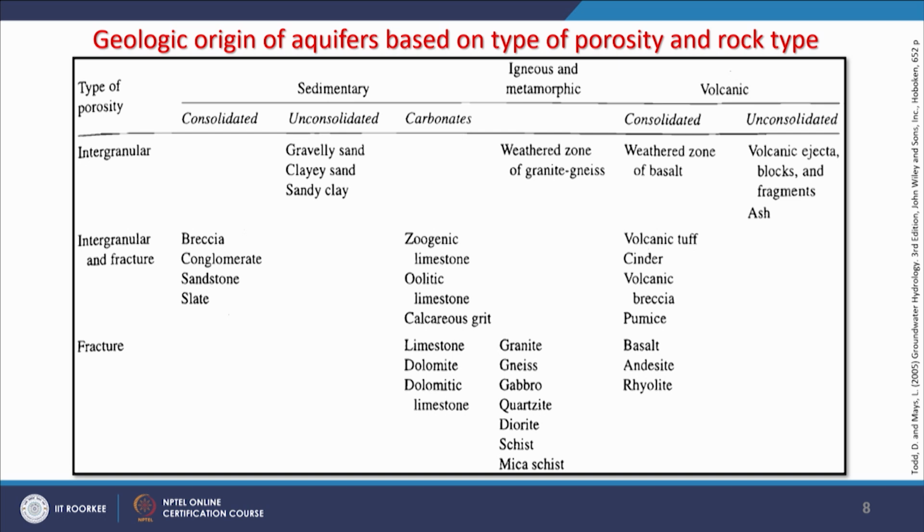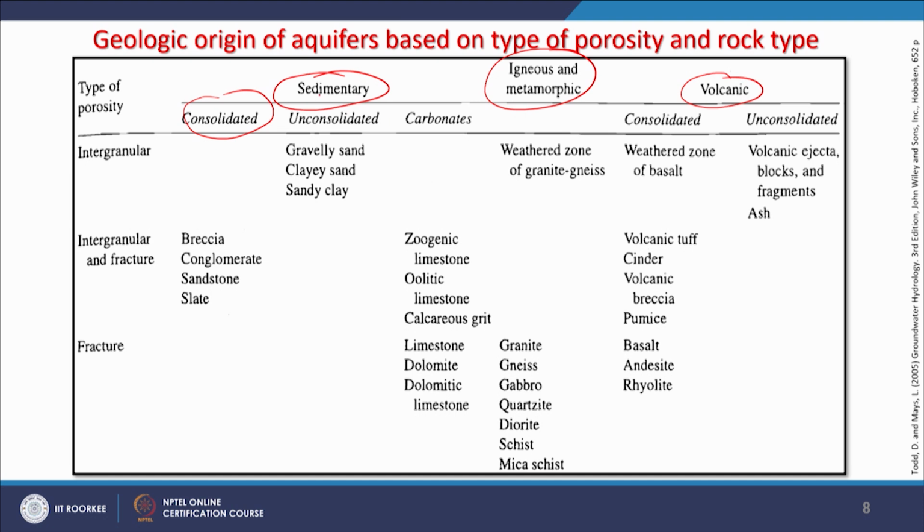So, now based on the geologic origin of aquifers, which are the rocks forming our aquifers, we will go by the type of porosity and rock type. Here again we have all three rock types: igneous and metamorphic rocks all together, then sedimentary rocks, and igneous rocks, where volcanic rocks we have kept separate.